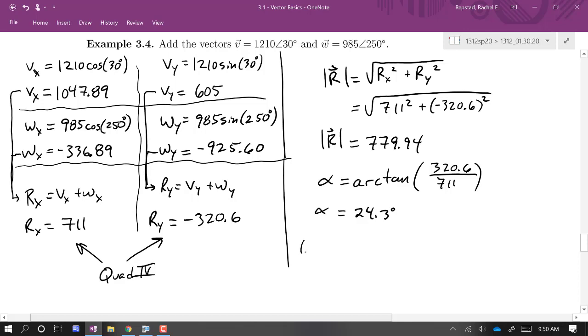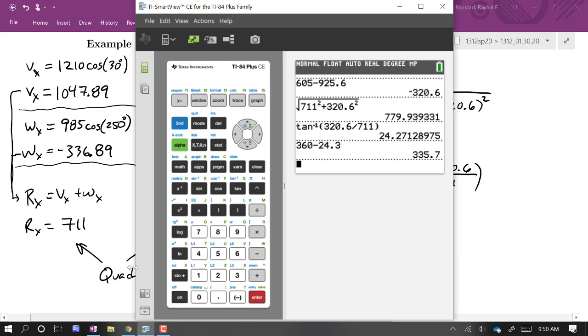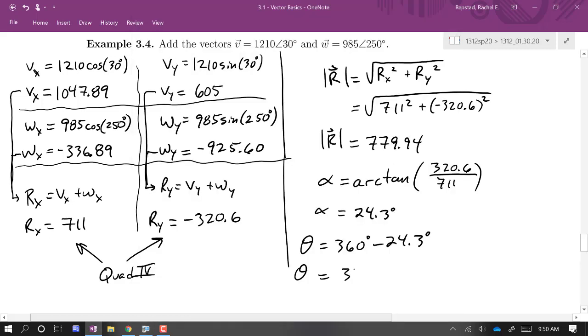And it's in the fourth quadrant, so theta is 360 minus 24.3 degrees. 335.7.